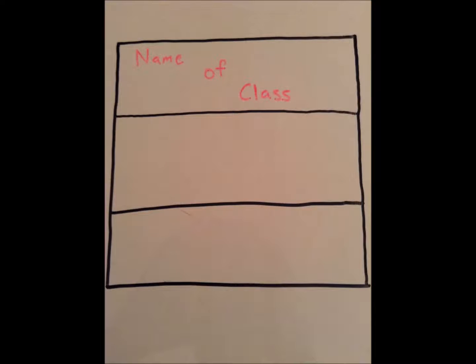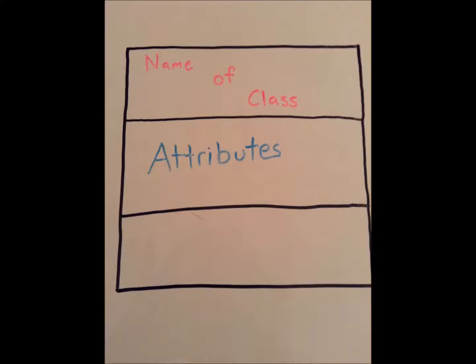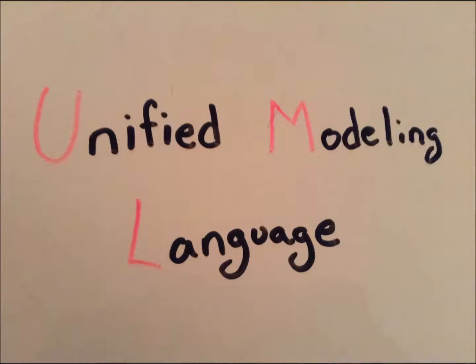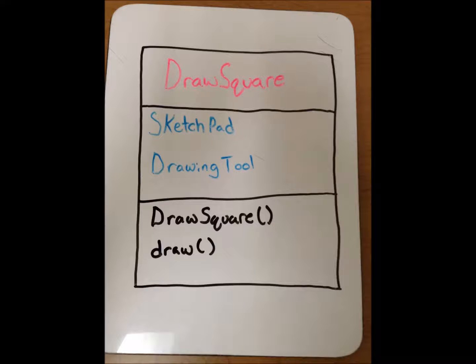The class diagram follows the general form of a rectangle with 3 compartments separated by horizontal lines. The top section contains the name of the class. The middle section lists the attributes of the class, and the bottom section shows the class methods. This class notation is a part of the Unified Modeling Language, or UML.